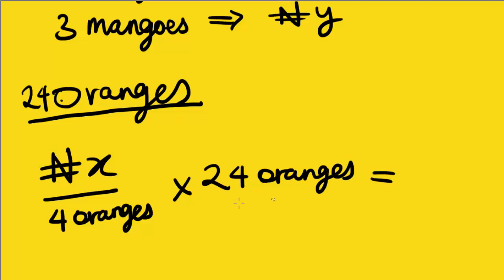So you just simply cancel oranges, because you treat oranges like you'd have treated numbers. But yeah, I guess you get what I mean. Also 4 here 1, 4 here 6. So 24 oranges costs 6X naira.